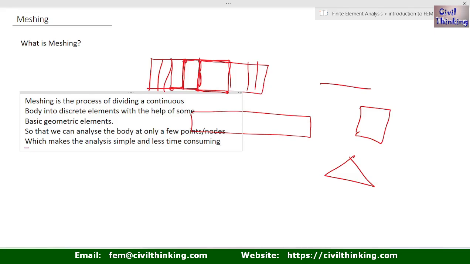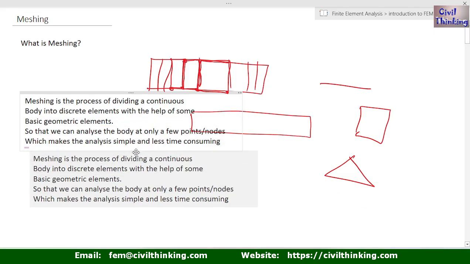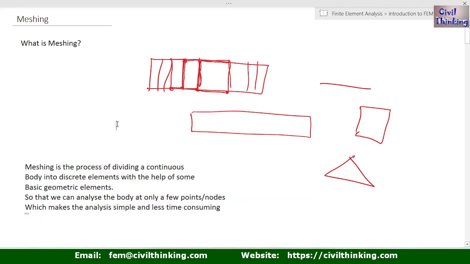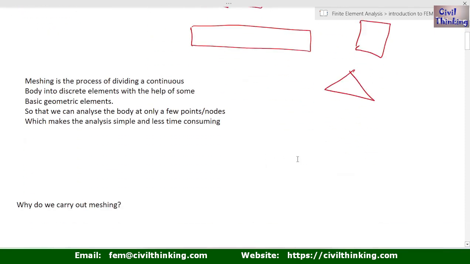Because in meshing we analyze the property at only a few points. This way our continuous body gets simplified, it gets reduced to a few elements, and our computation time decreases. So let's move on.